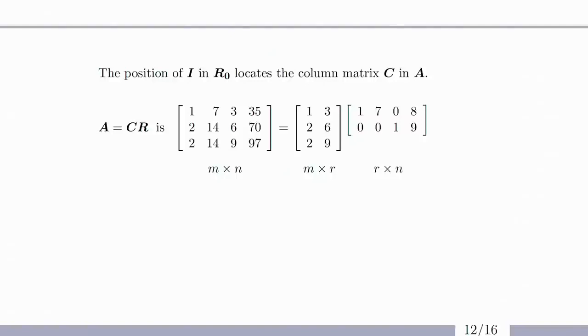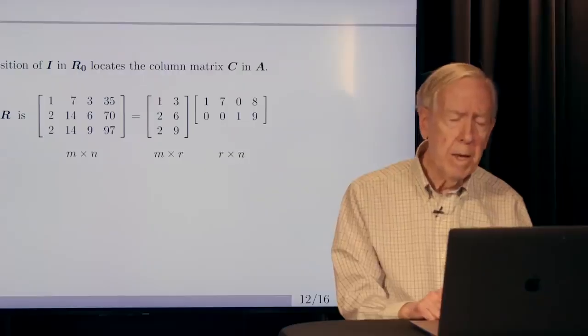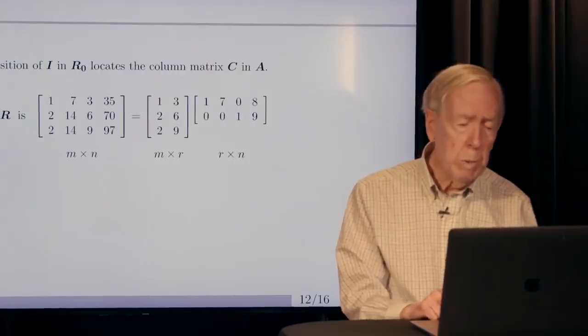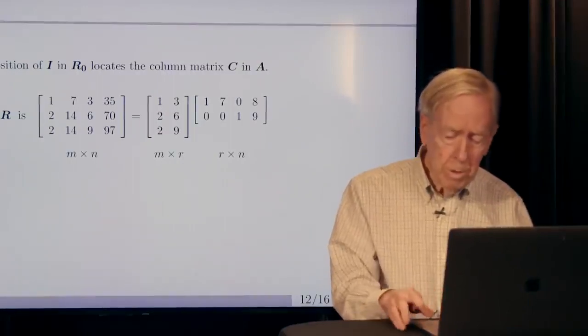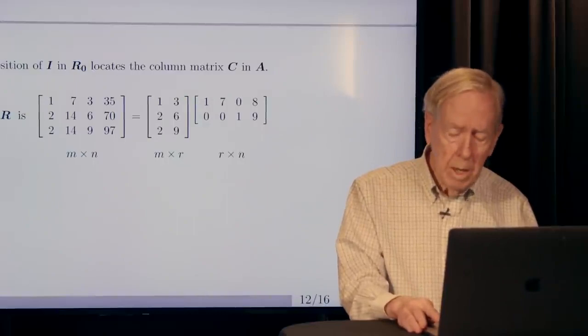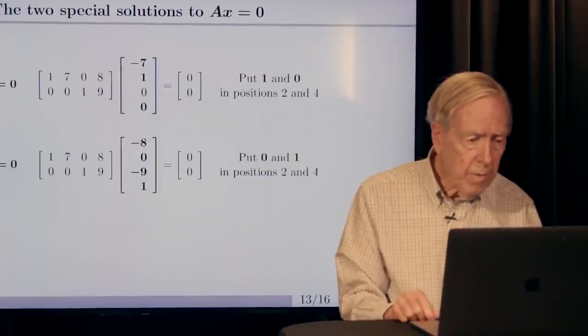But now, even where we're up to 4 columns and 3 rows, we need a method, and that's the point of this talk, and it was also the point of lecture 7 in the original Math 18.06 on OpenCourseWare. Okay, so we've found C and R. Good, good. I think it's just congratulating ourselves from here on.